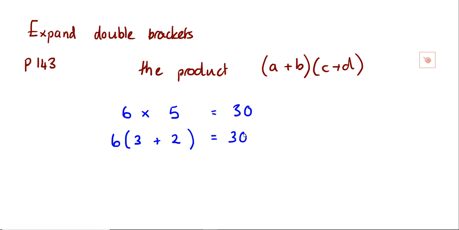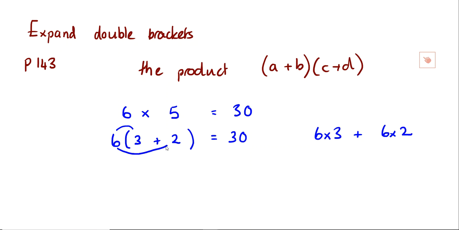How do we make sure that, if we've split up the 5 into 3 plus 2, we still get 30? We have to make sure that we do 6 times the 3 plus 6 times the 2. That's when we were expanding a single set of brackets.